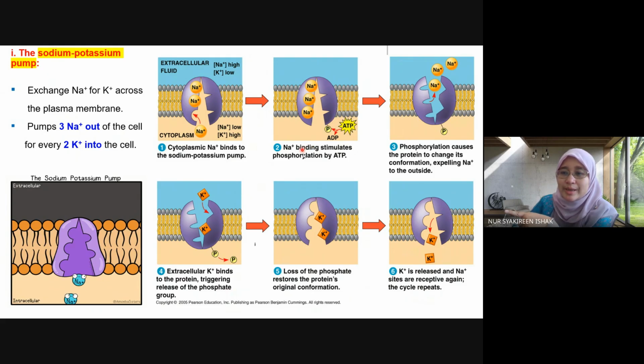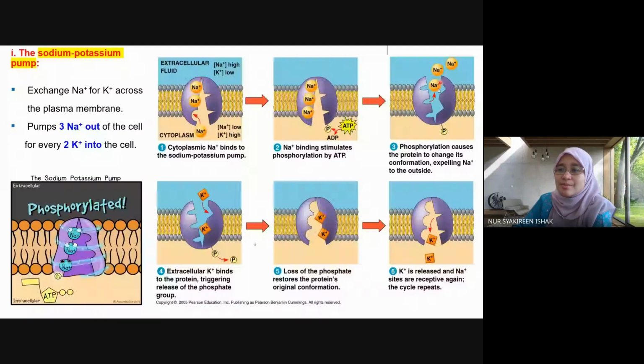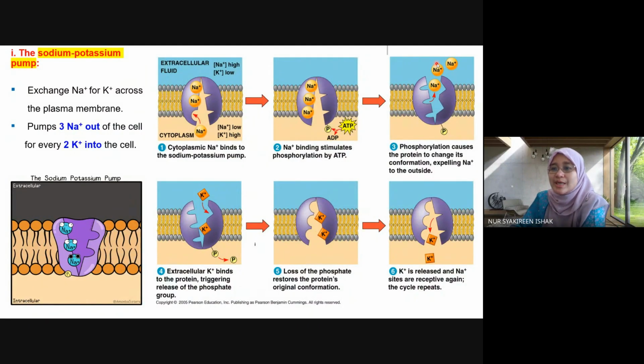When this happens, it causes the sodium potassium pump to change its shape. When the pump changes its shape, it causes the sodium ion to be released to the outside of the cell. You see that the binding site for potassium is now exposed to the outside.